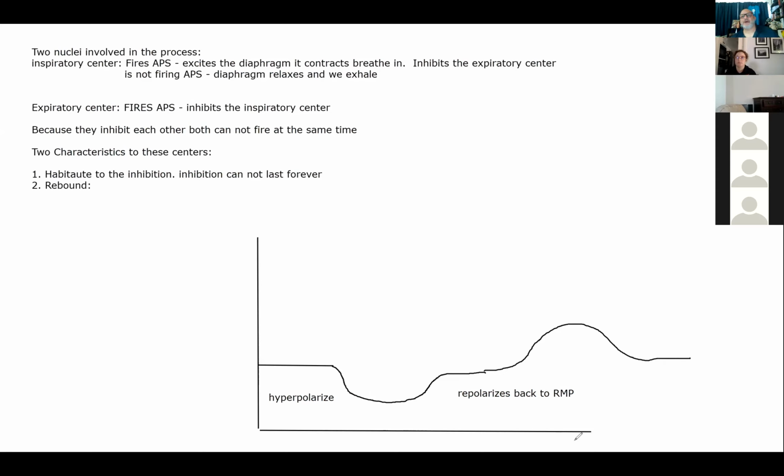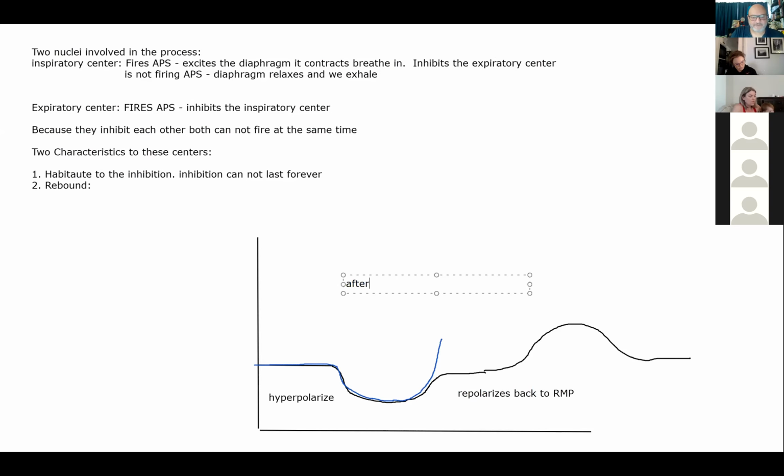What's interesting about these cells is they have a rebound. What that means is that when they are habituated, when they're hyperpolarized, and that hyperpolarization goes away, when they habituate to it, rather than going back to the resting membrane potential, they actually depolarize more.